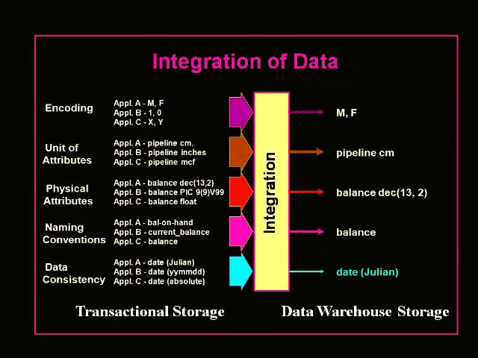Then in application C, float type is used. So we have different kinds of physical attributes defined with different types. Similarly, conventions for naming. Somebody may define the balance attribute as BALANCE, in C as current_balance, BAL_ON_HAND in application A, say. But they are all referring to the balance attribute only. Right?